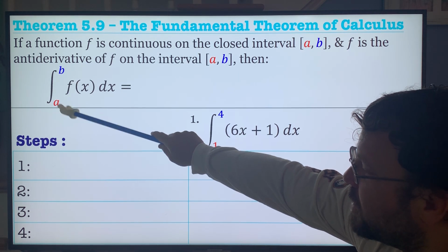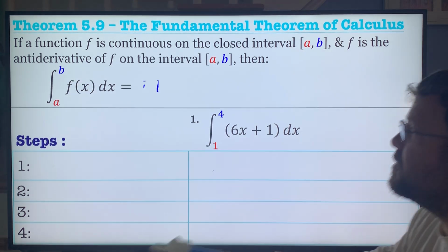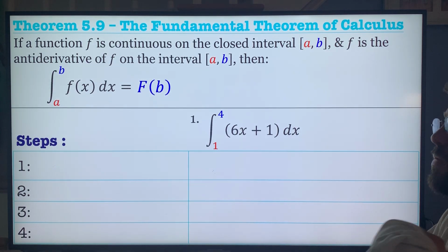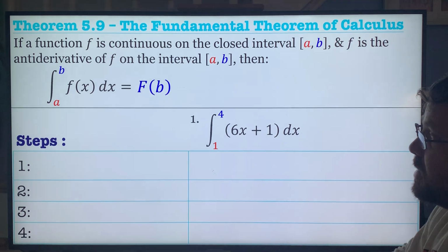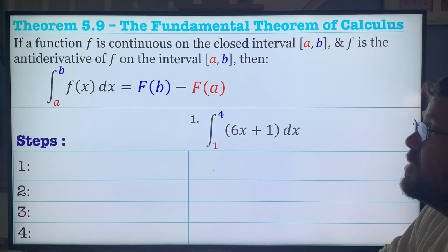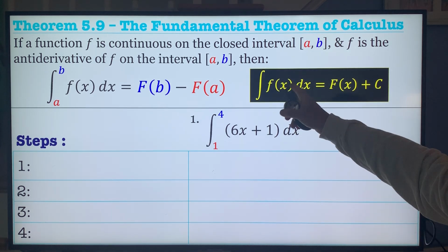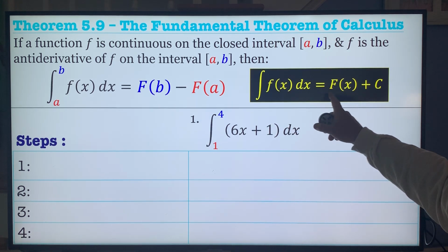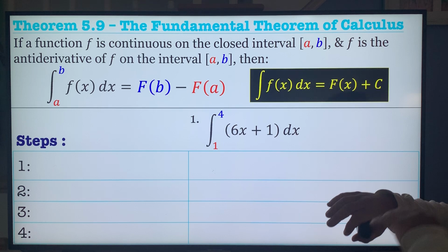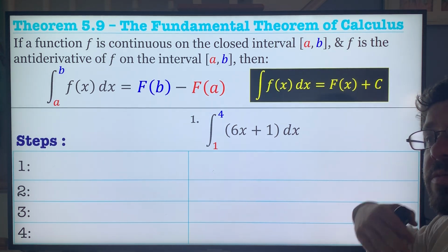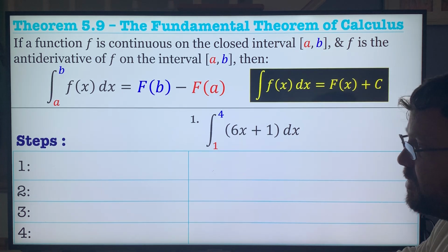This is the start x, like your x1, your x2. It would be your antiderivative with b plugged in for x minus your antiderivative with a plugged in for x. Because we know the integral of f(x) is F(x) plus c, but we no longer have to worry about c's because we're finding an actual numerical value now.